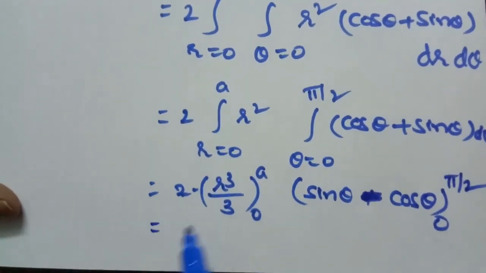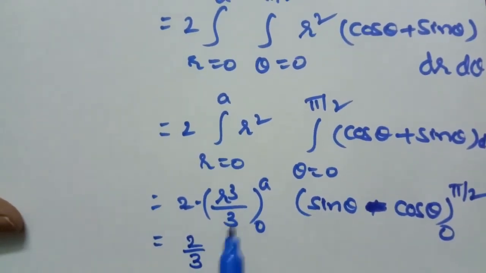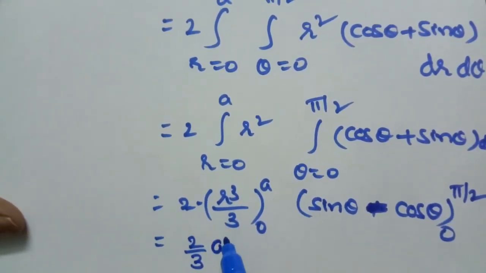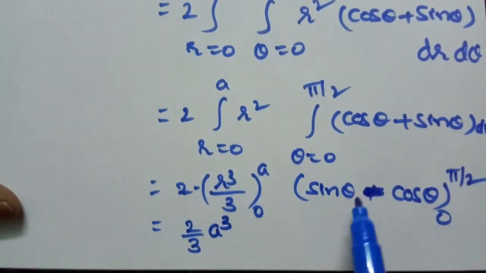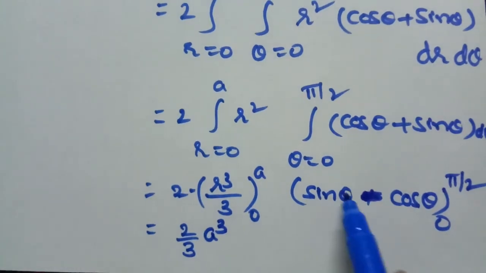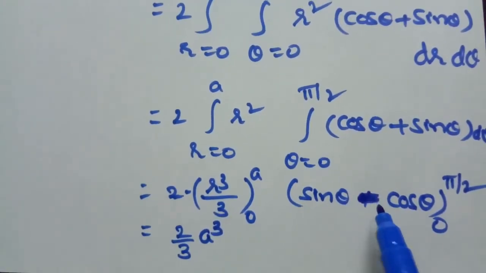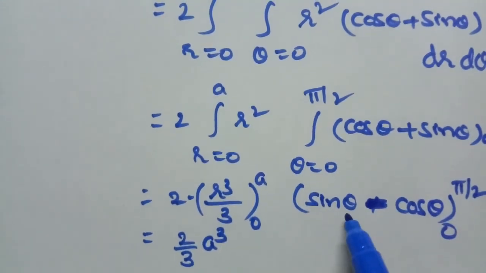Therefore, substituting upper limit minus lower limit: 2 by 3, upper limit a cube minus lower limit 0, and sin pi by 2 minus sin 0, minus cos 90 minus cos 0.